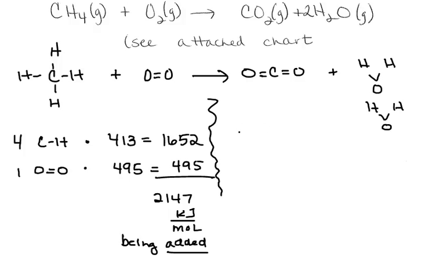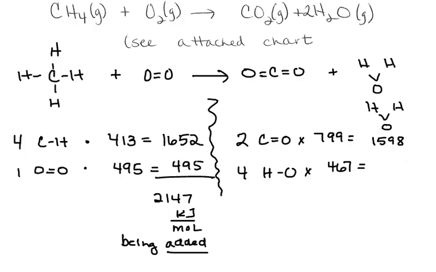So in this case, we have 2 CO bonds. Each one is 799. And then we have 4, 1, 2, 3, 4 HO bonds. Each one of those is 467. So if I do my math here, I get 1,598.